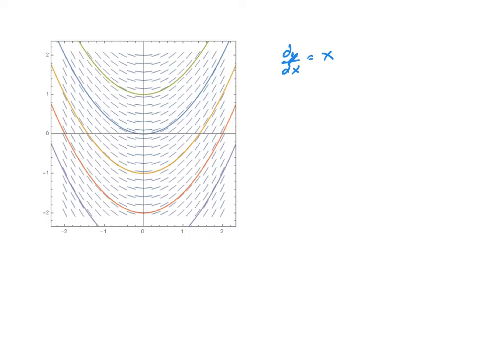Now what the lines mean is that if I were to pick some initial point, let's say here, then I'd want to follow it so that all these things are tangential to the curve. And you can see that if I pick any point, I'm going to get y is equal to x squared plus c, and that c is going to change depending on what point we pick.